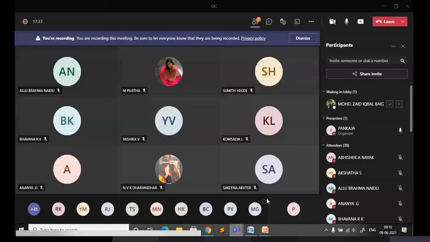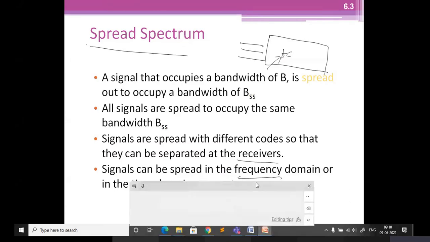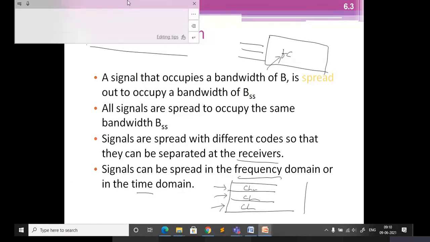If it is time domain, the complete channel capacity is shared among multiple devices. But in the time domain, the channel is divided into a number of slots. Each slot is assigned to one particular incoming signal, so that device can send for this duration of time, then it has to interleave.